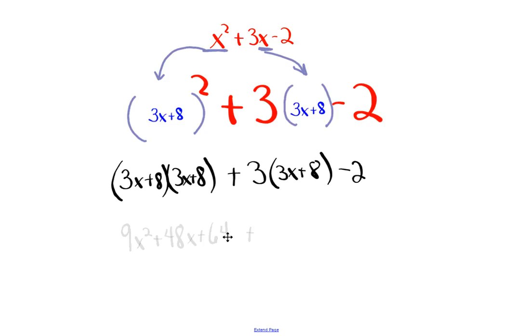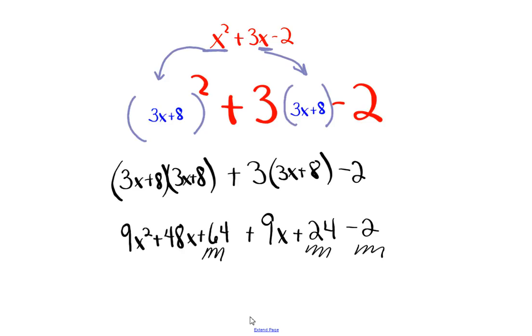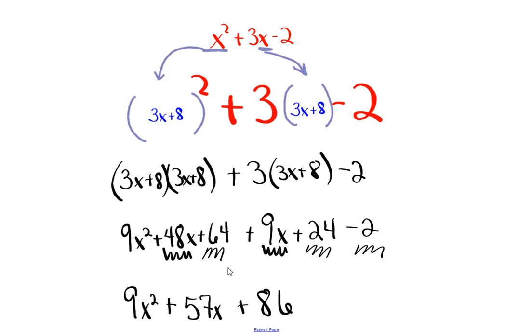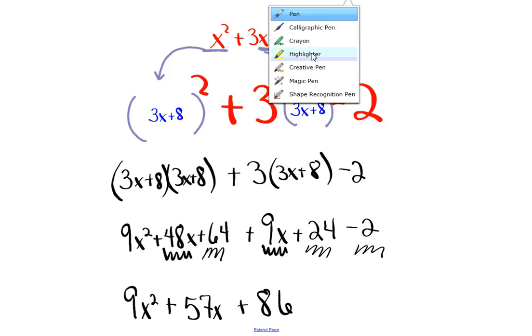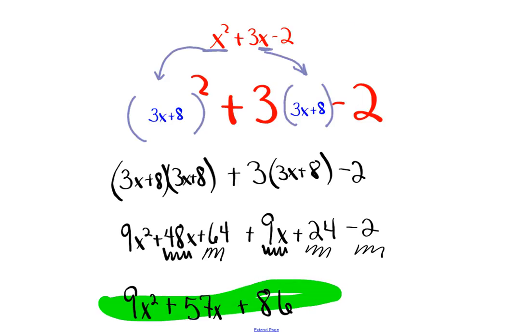I do my multiplication. Then I'm going to collect like terms. I'm going to collect my x like terms. And I don't have anything to add 9x squared to, so I get 9x squared plus 57x plus 86. So with that said, my answer is this one right here.